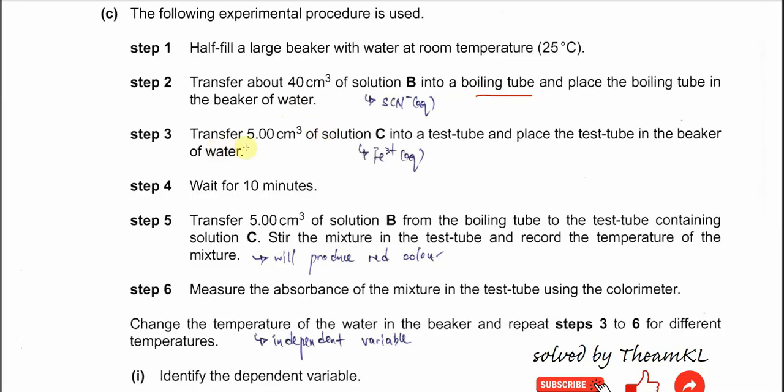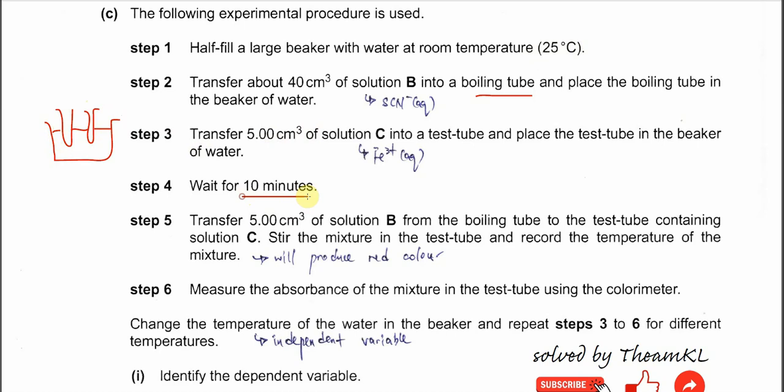After that, transfer 5 cm³ of solution C, which is iron(III), into the test tube and place the test tube in the beaker of water. Now the beaker has the boiling tube and the test tube, right? And the temperature is 25 degrees C.